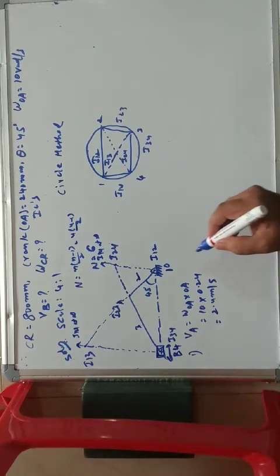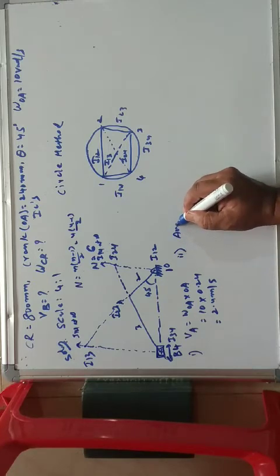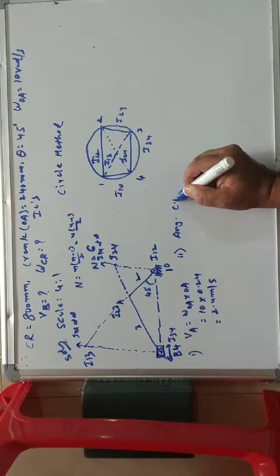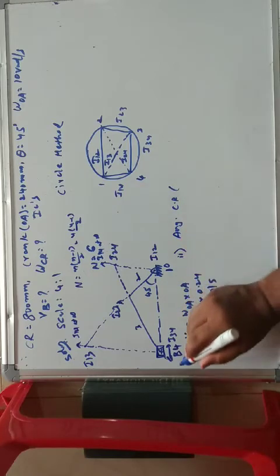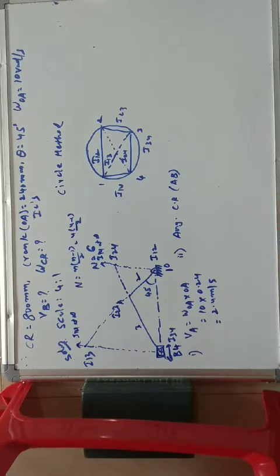Now the second step is the angular velocity of the connecting rod. What is the connecting rod here? AB. I am going to find the angular velocity of the connecting rod AB.